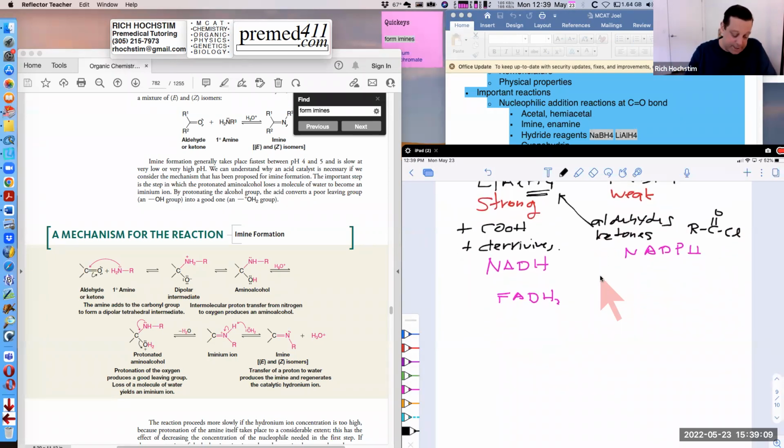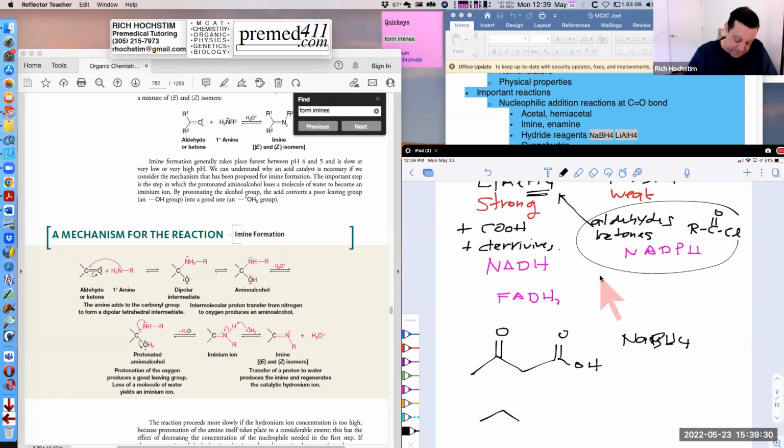So what do these guys do? Well, let's say that over here you had a carbonyl like this, and then let's say over here you had a carboxylic acid. If you took this and reacted it with NaBH4, NaBH4 does not react with carboxylic acids. So because of that, it will simply reduce the carbonyl here to the OH.